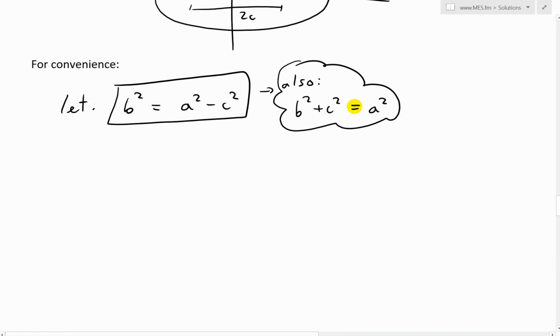So now the equation of the ellipse becomes, replacing that with b squared, b squared x squared plus a squared y squared equals a squared b squared. That's why we change that to b squared, because it's easier to write.